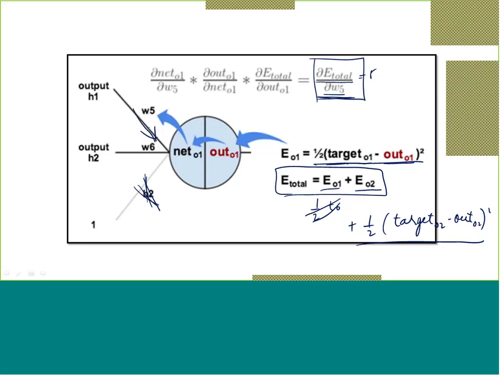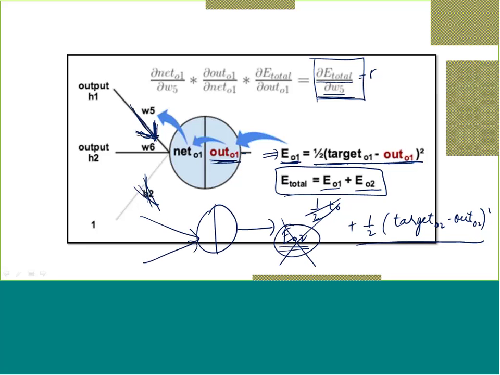Total error has two nodes: E01 plus E02. But I can see that W5 doesn't have any impact on E02, so I will discard this term and treat it as a constant, because W5 doesn't appear in this expression. The only term left is E01.